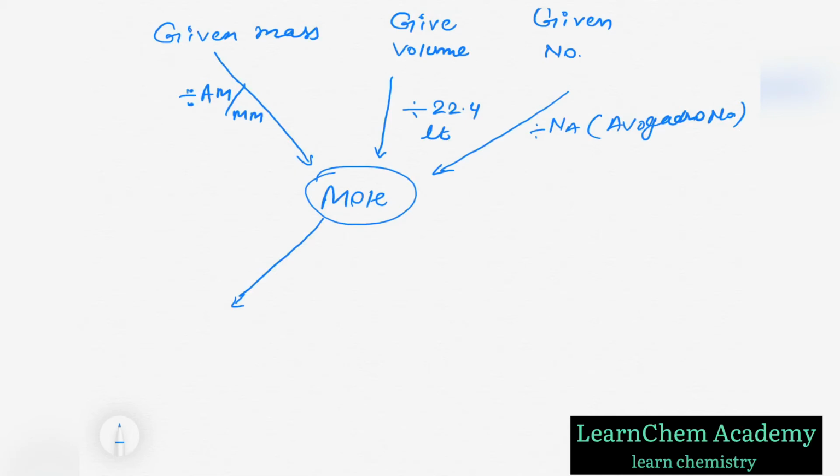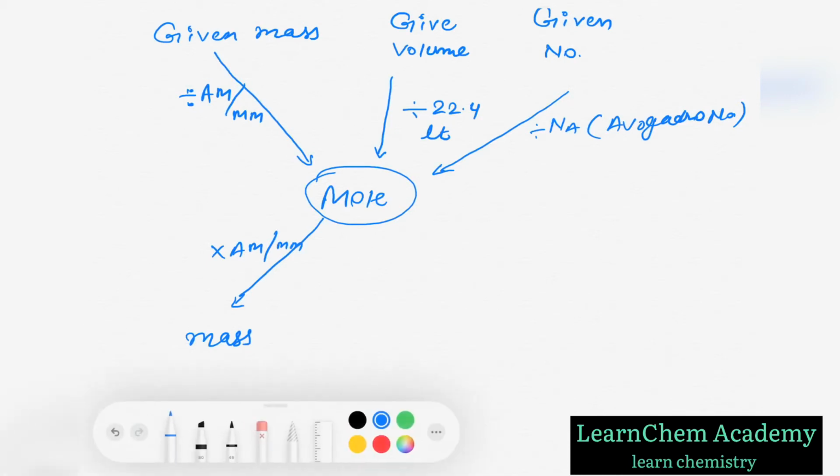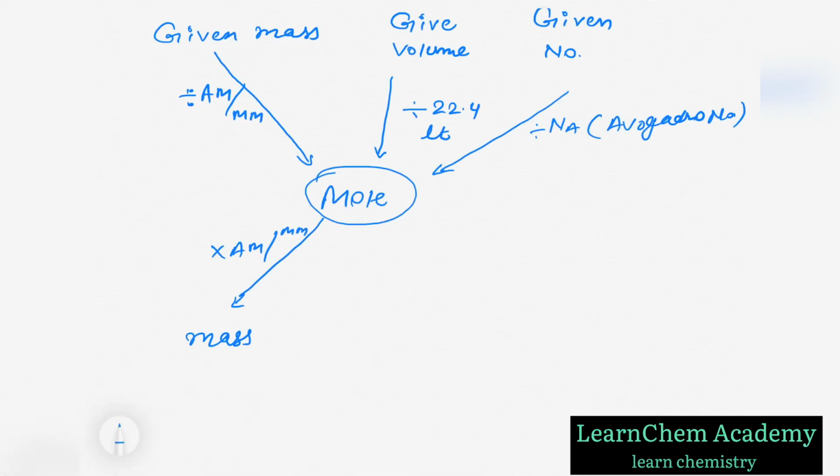If we want to calculate mass, we have to multiply the moles by the atomic mass or molecular mass. If we want to calculate volume from moles, we have to multiply the number of moles by 22.4 liter.